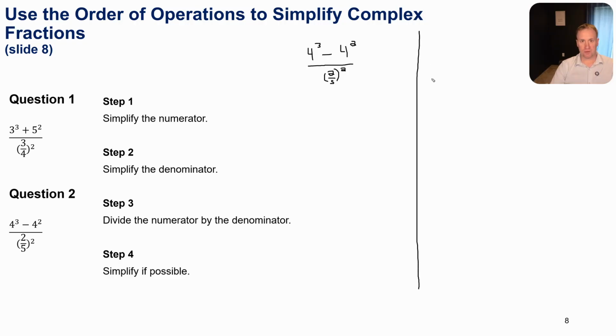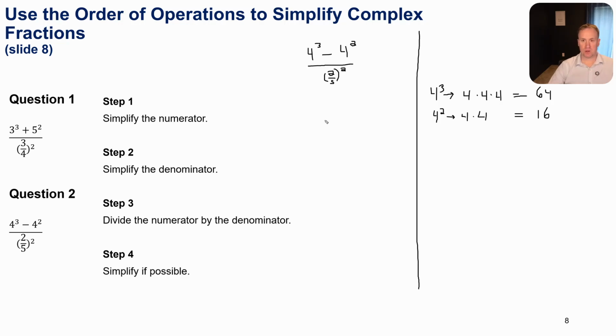So we're going to do 4 to the third power, which is 4 times 4 times 4, which is going to be equal to 64. And then we have 4 squared, which is equal to 4 times 4, which is equal to 16.